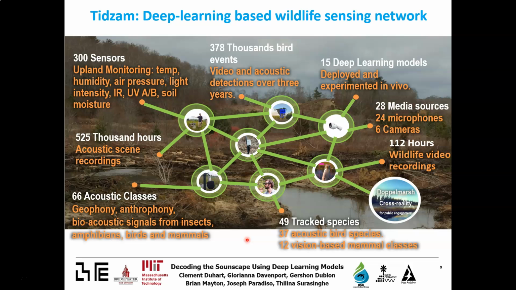I have been involved in decoding the amphibian signals and trying to train this artificial intelligence system, the deep learning system, to become better at amphibian identification. In total, we have recognized about 66 different classes of acoustic signatures that represent overwhelmingly biological signals, and to a certain degree geophonic and anthrophonic signals.